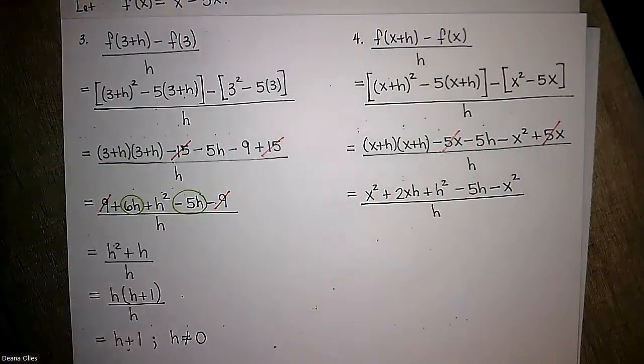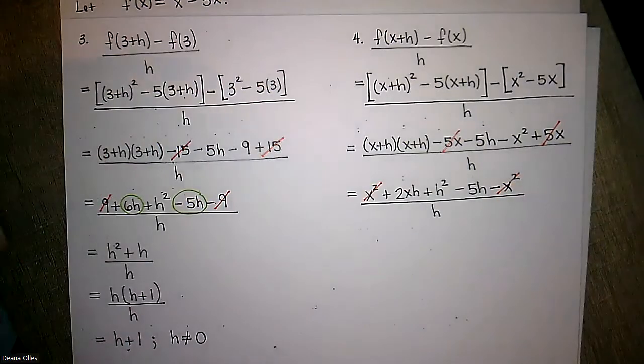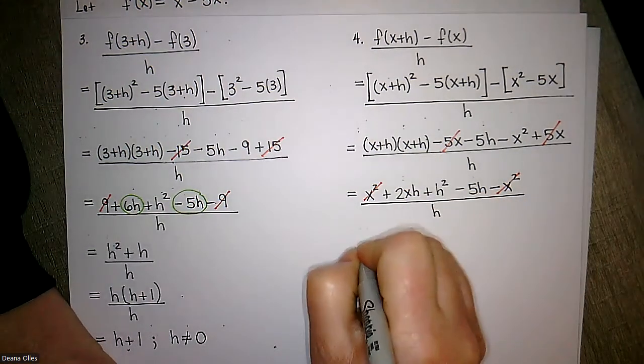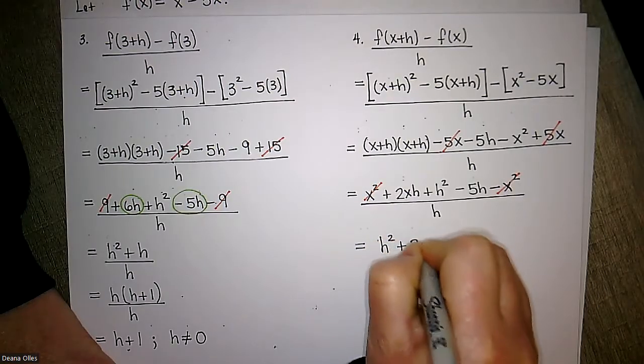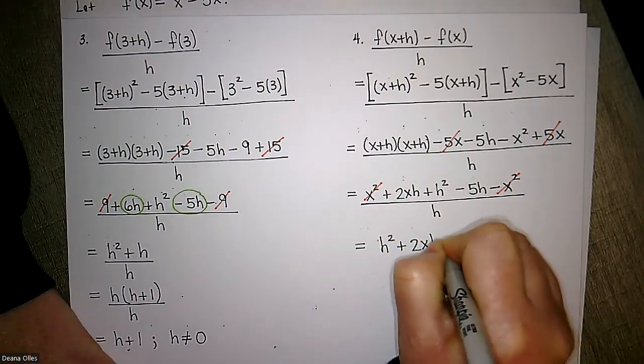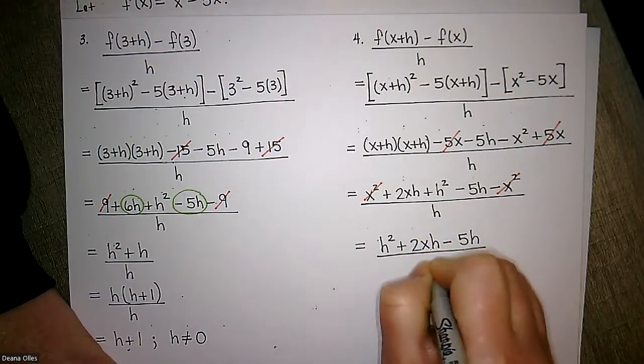Don't forget about him. What else cancels? Let's see. Oh, just x squared minus x squared. And nothing else combines like it did before, unfortunately, but I will rewrite this in descending order because it's a little bit more pleasing to the eye. So h squared plus 2xh minus 5h all over h.